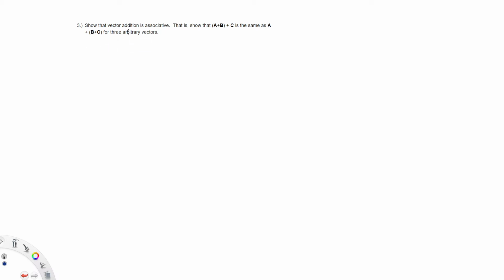The problem is that the question asked for 3 arbitrary vectors, and if you draw some vectors, what you've actually shown is 3 particular vectors.